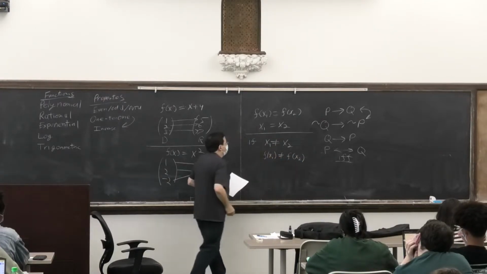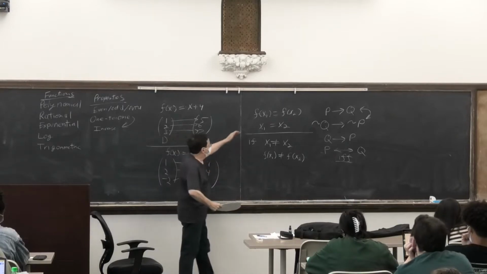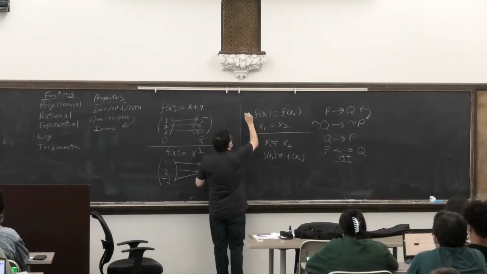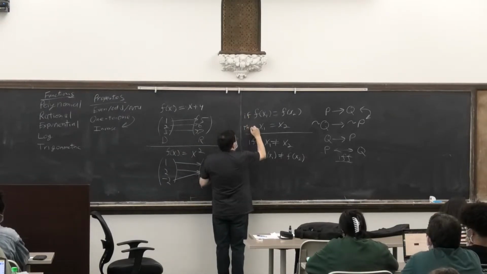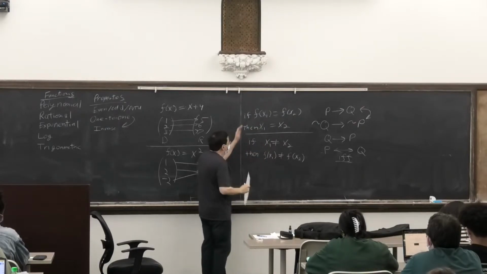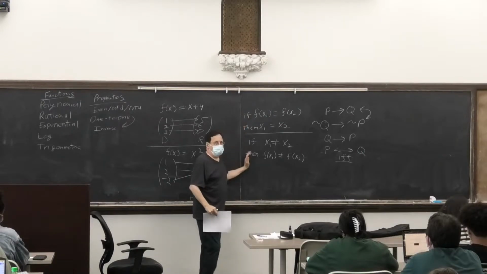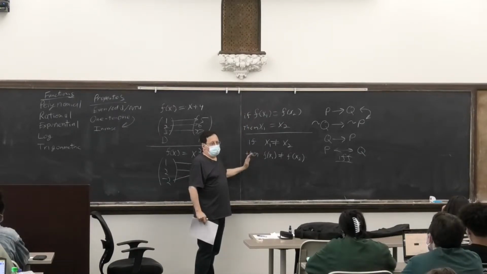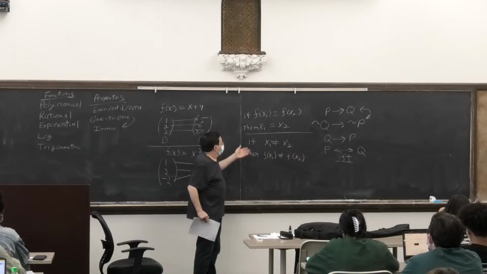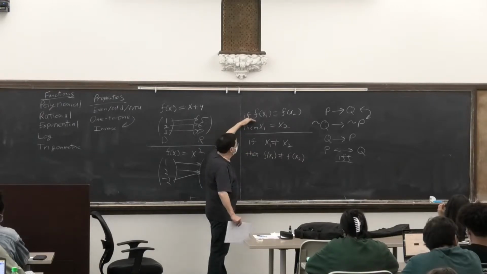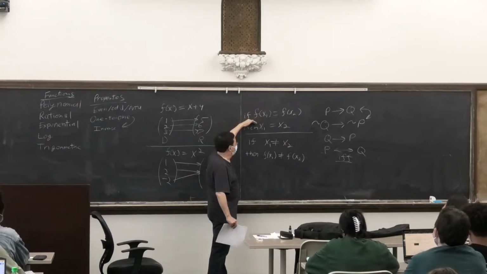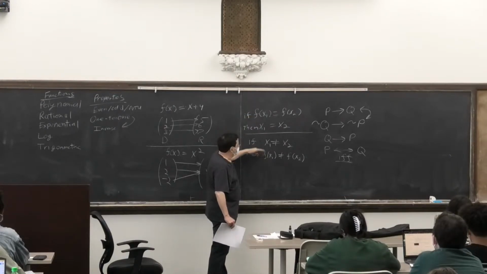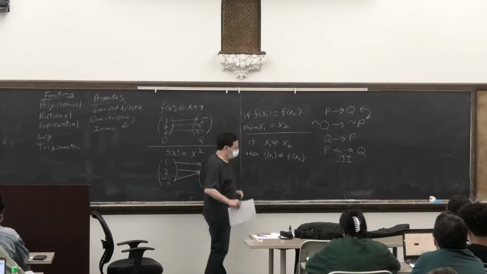And again, you might want to think about why these are the same statement. Where this can come in handy is sometimes you're trying to do a proof, and you want to prove this statement, but it's harder than proving this statement. If you prove this statement, you're done.